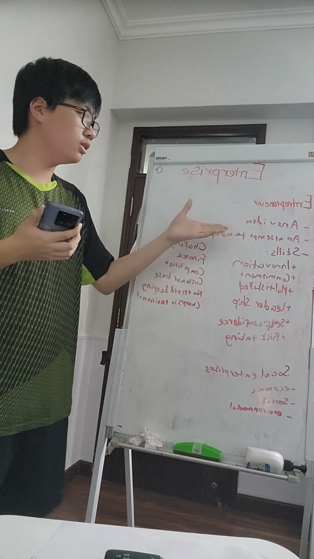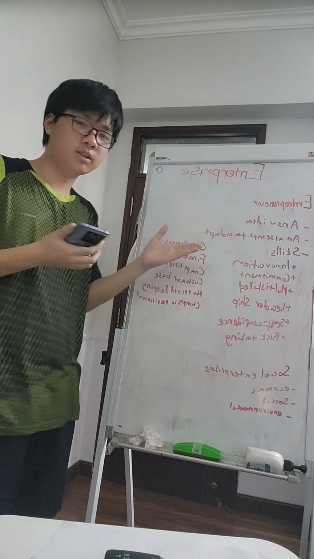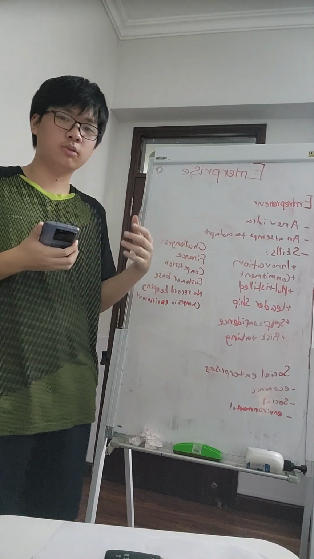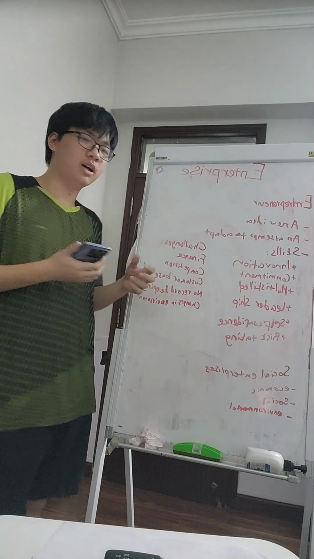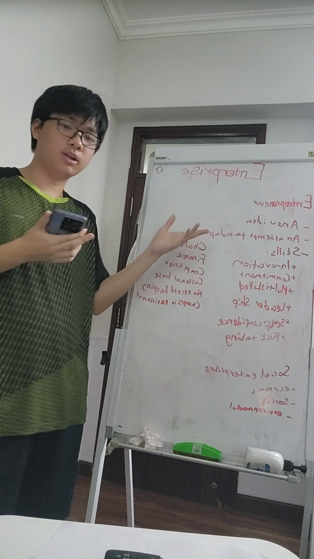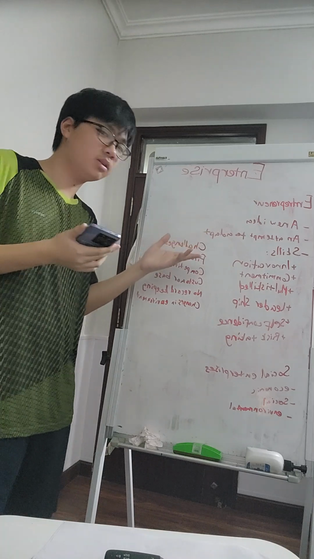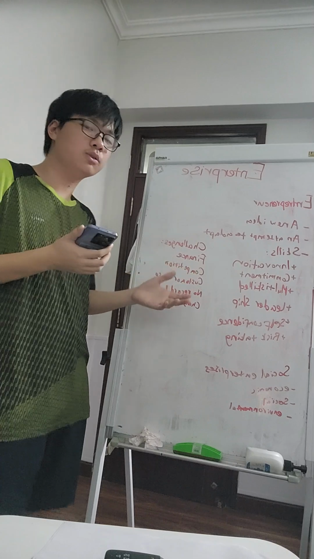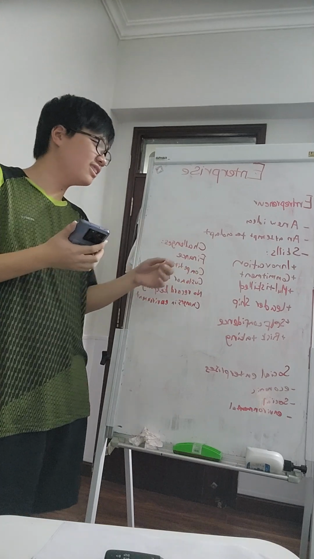An example of a new idea for an enterprise may be something creative, like if you want to put food into a cafe, or an attempt to adapt in a way no one has done before.